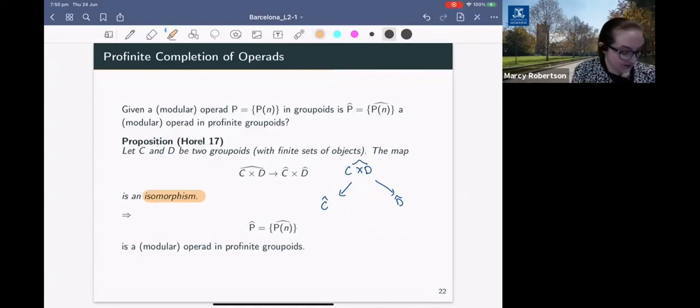So that means, I guess it's a lax monoidal functor, but you can profinitely complete your operad and still get a modular operad in profinite groupoids.